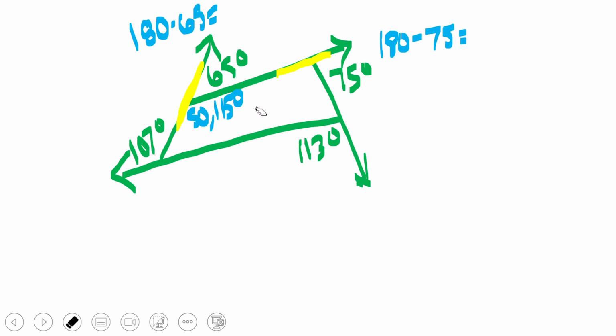Kind of fat inside. Let me rewrite those in pen, guys. So 115 degrees. Okay, and so 105 degrees here.